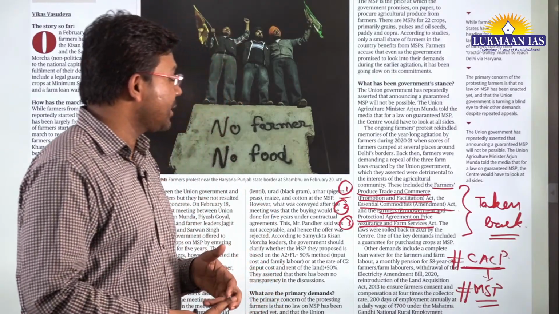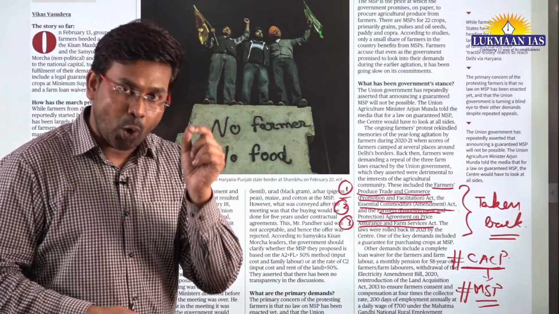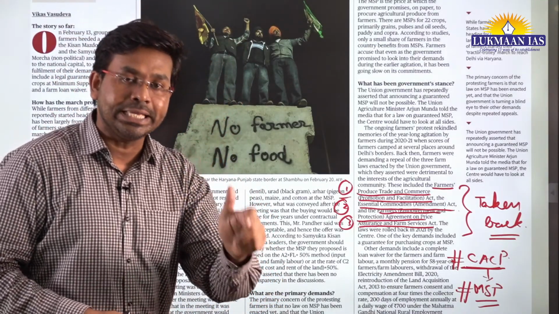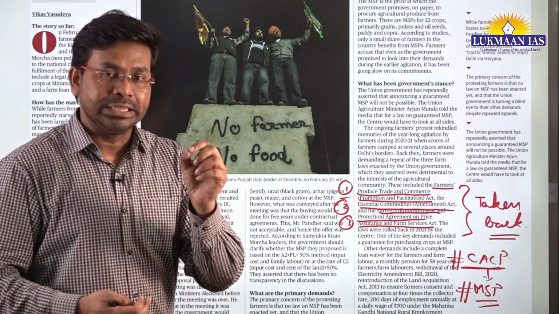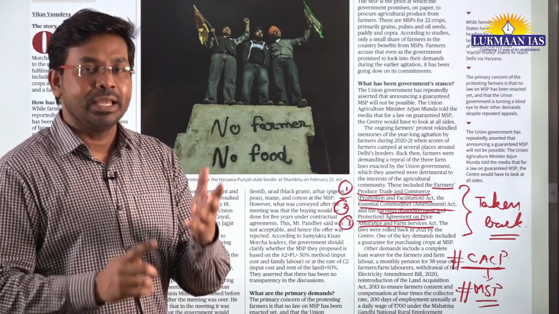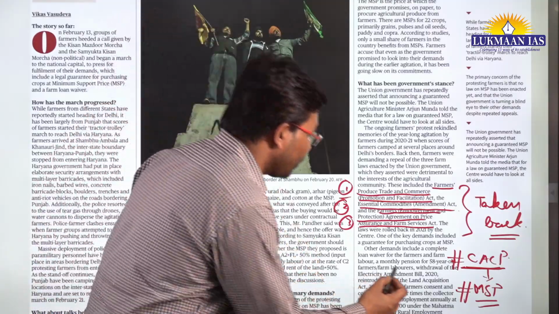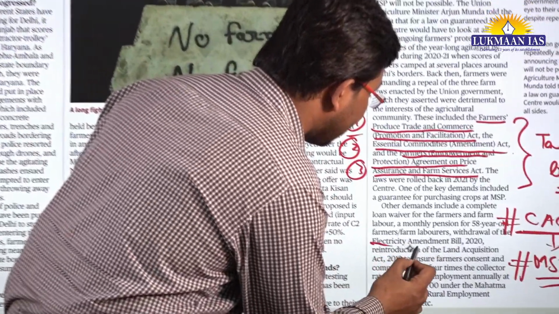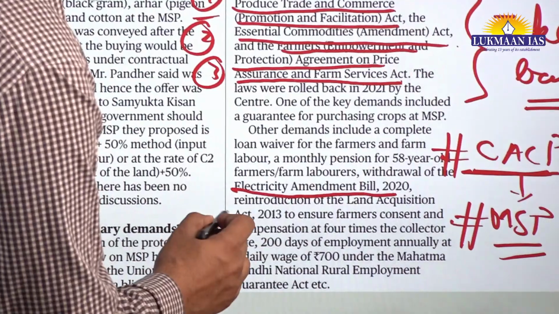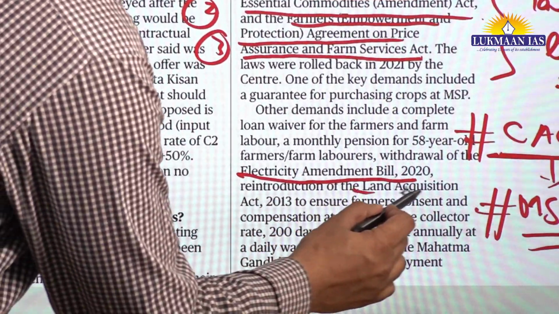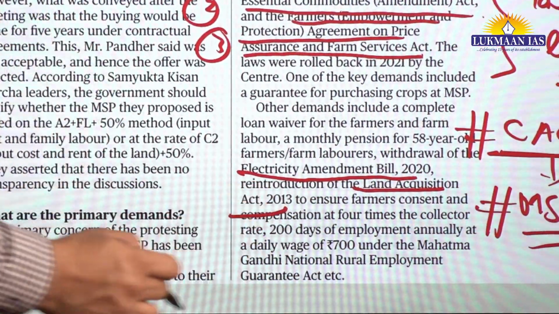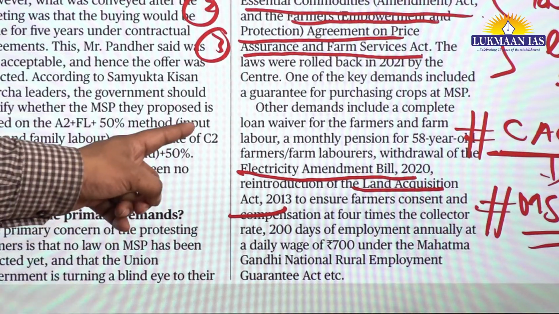Apart from this, farmers are also demanding that all farmers above the age of 58 years should receive a pension. Farmers also want withdrawal of the Electricity Amendment Bill 2020. They want reintroduction of the Land Acquisition Act 2013.